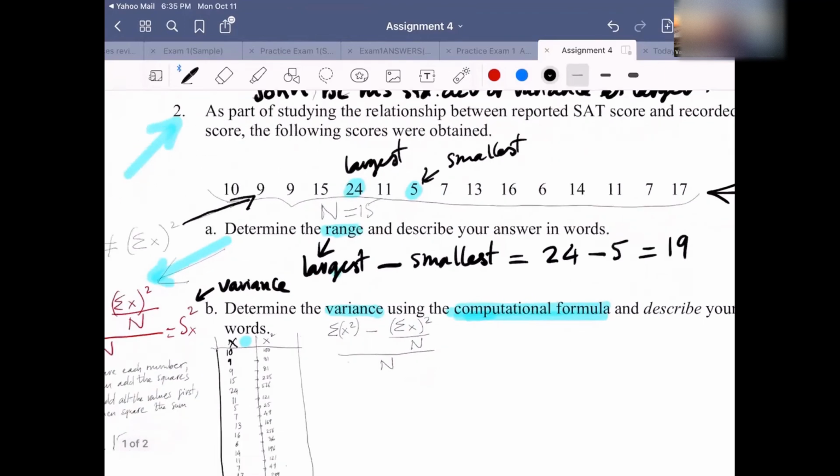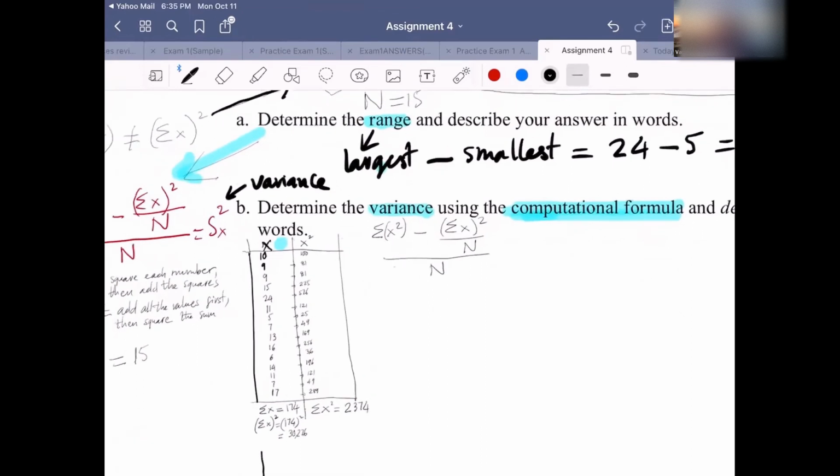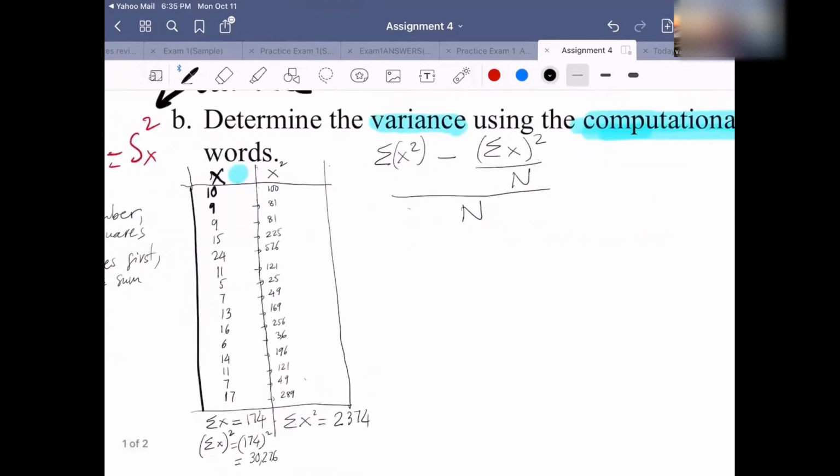All right, so let's go back to the formula. Now you just have to plug in the numbers, right? The sum of the x squared, you can also put the parentheses like this. That's fine. So the sum of the x squared is 2,374.